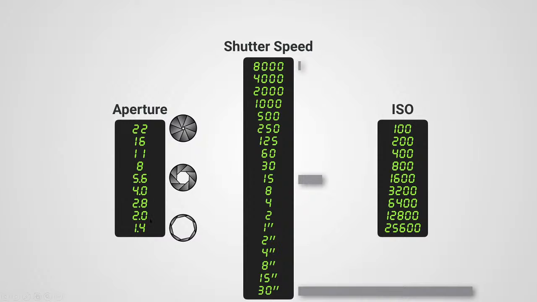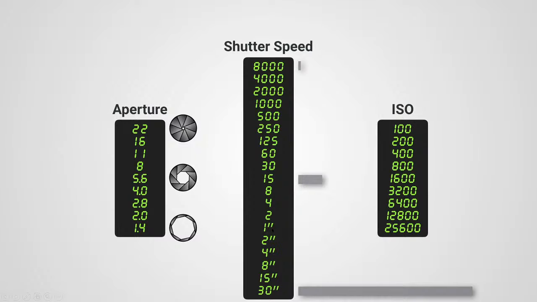I don't want to go into details, but aperture can be a large aperture like f1.4, or a very small aperture like f22, or somewhere in between like f5.6. Coming to shutter speed, the fastest shutter speed is 8,000. When the camera says 8,000, it's really 1 by 8,000th of a second. When it says 125, it's 1 by 125th of a second. If you go down, somewhere here is 1 second.